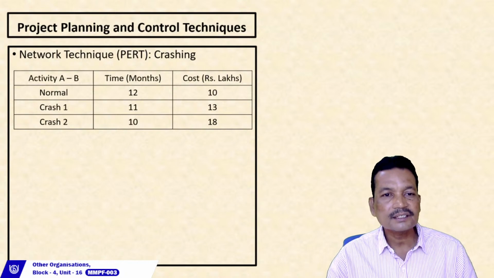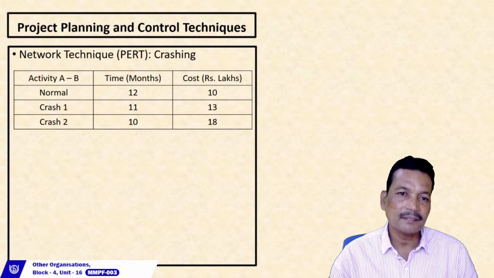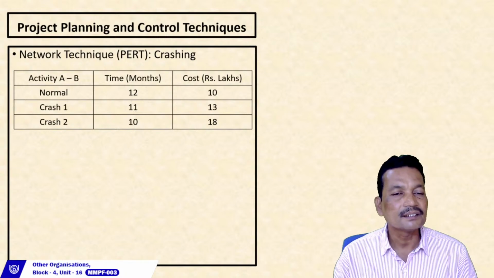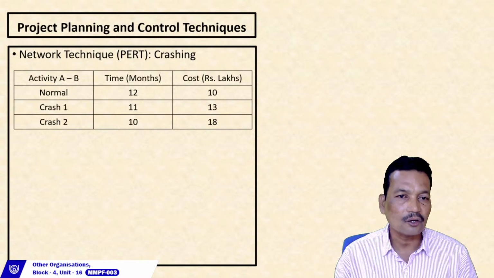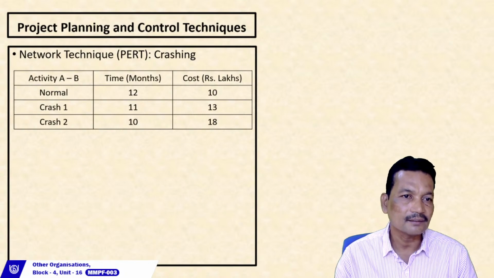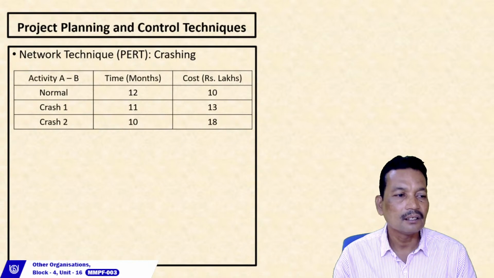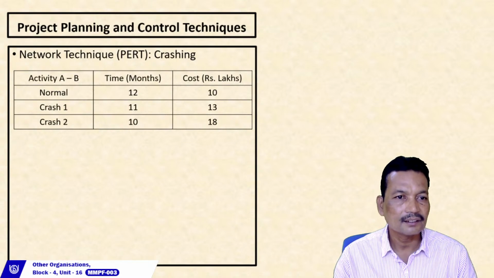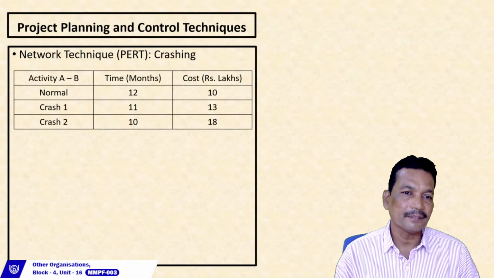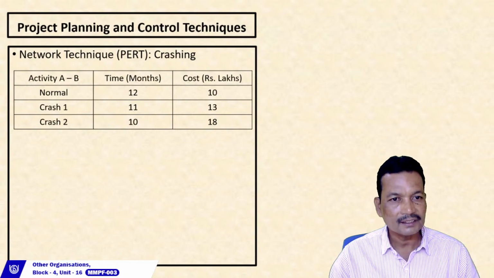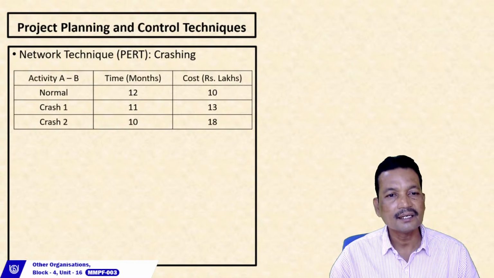Now, resources consumed, that means manpower, machineries, they will be added on to the normal conditions and it may cost you higher. For example, let us look at a particular activity AB. Normally it is taking 12 months and it is costing us 10 lakhs.